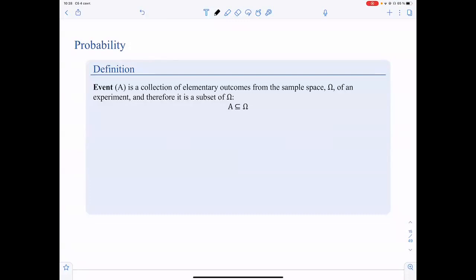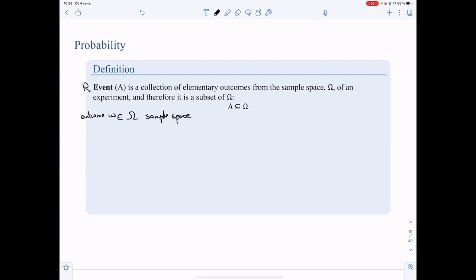Now look, we introduced the term sample space, like a box where all of the balls are collected, and we said that omega is an element of a sample space. So small omega stands for an outcome, and capital Omega stands for a sample space. Now we are introducing a random event.